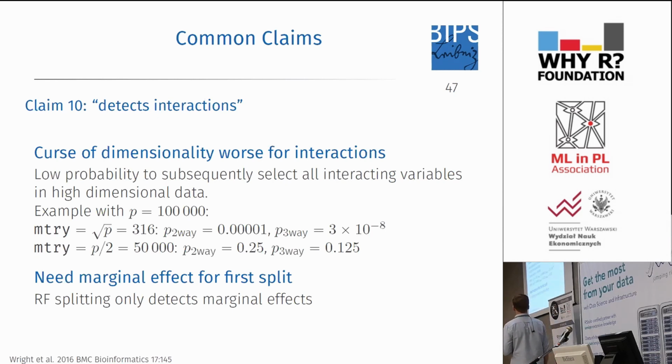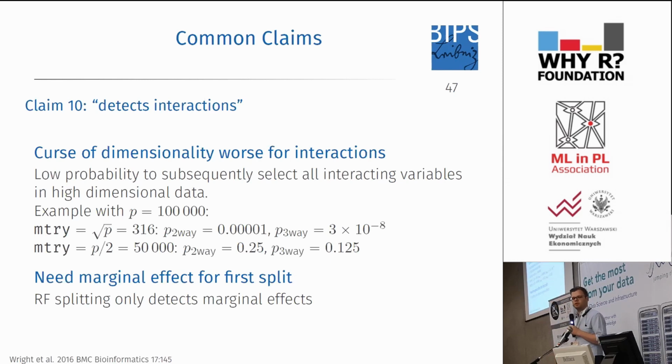If you choose the default mtry value, then to just select two interacting variables after each other for the mtry, so I'm not talking about finally splitting on them, but just making it possible to split on them, you have a probability of 0.00001. For three-way interactions, it's even worse, and you really get a small number. So it's very hard to find these interactions.